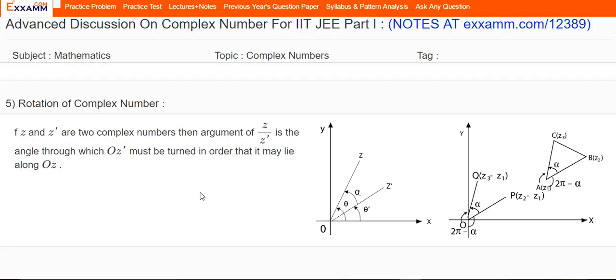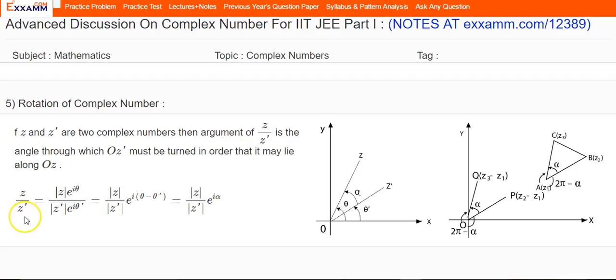Now z is equal to modulus of z e to the power i theta, because that is the argument of z, and modulus z is the modulus of z. And similarly z dash is equal to modulus of z dash e to the power i theta dash, because theta dash is the argument of z dash.